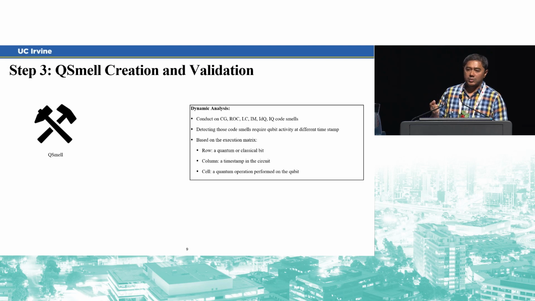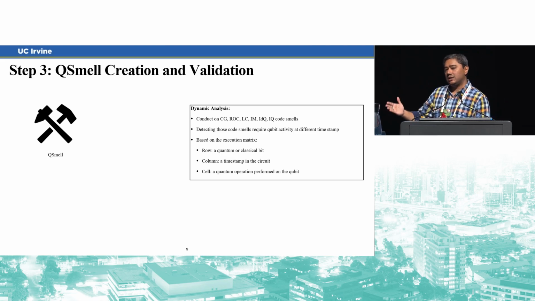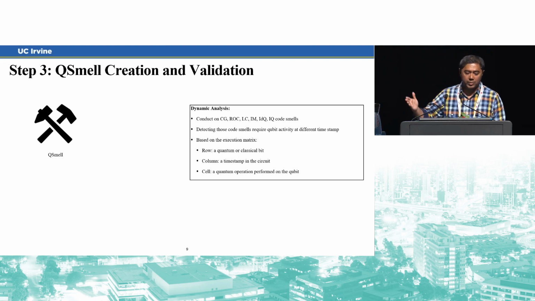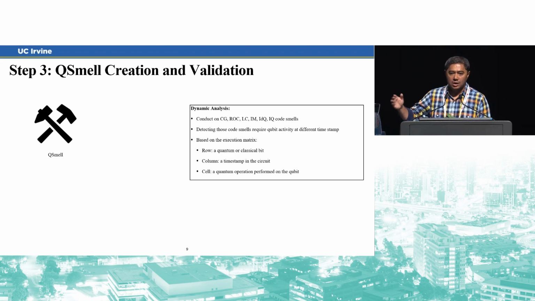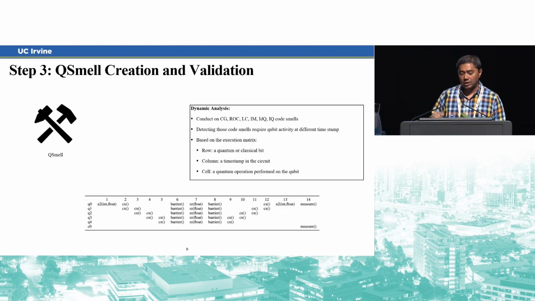And for doing dynamic analysis, what we essentially needed is the state of the qubit and execution metrics, which you can get using an API Qiskit provides. So here you can see the table of the execution metrics. Here, each row represents the qubit, and each column represents a time snapshot, right?